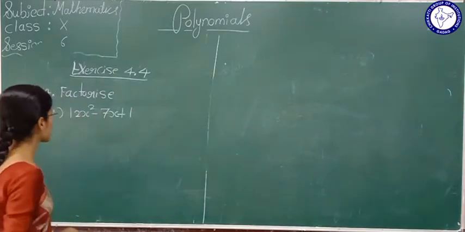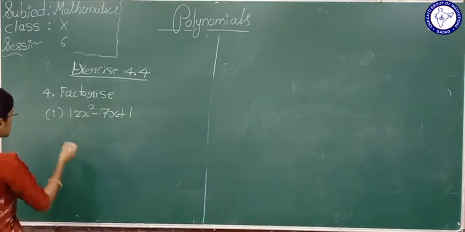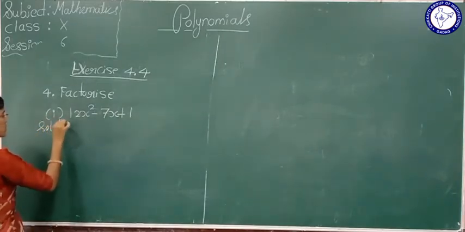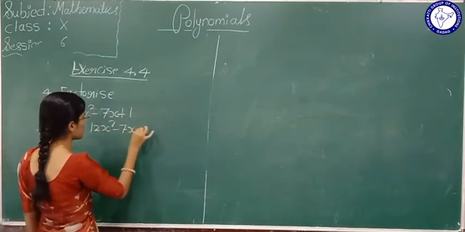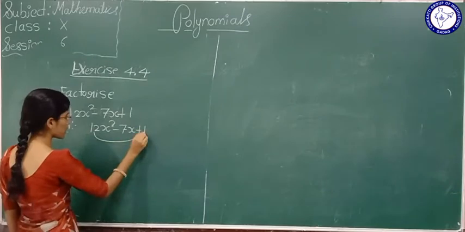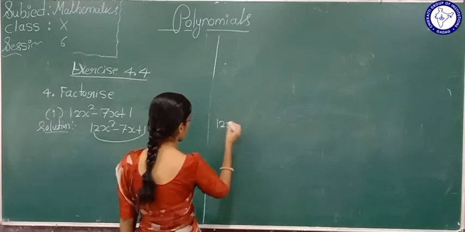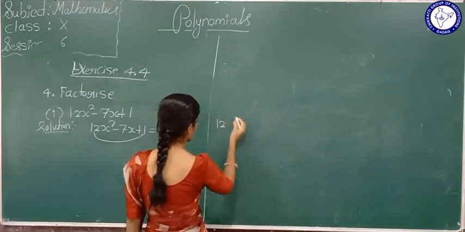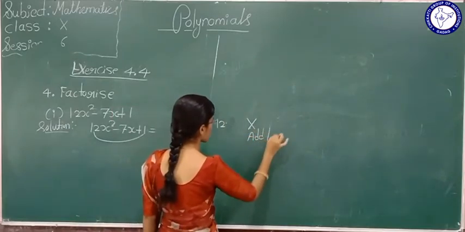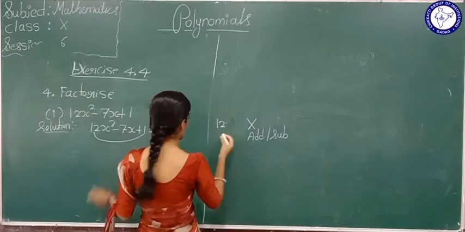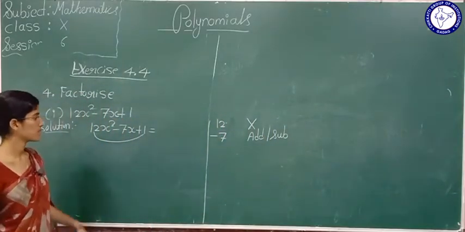Okay, now see, this is a quadratic polynomial, definitely we can solve this by splitting the middle term. See the solution, this can be written as 12x square minus 7x plus 1. Multiply first and last, it is 12.